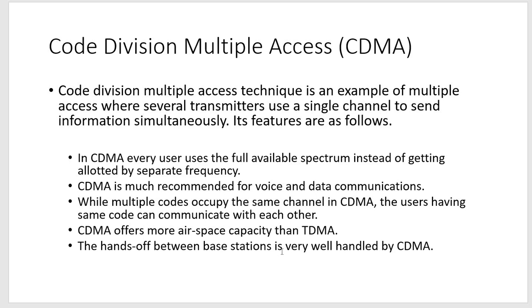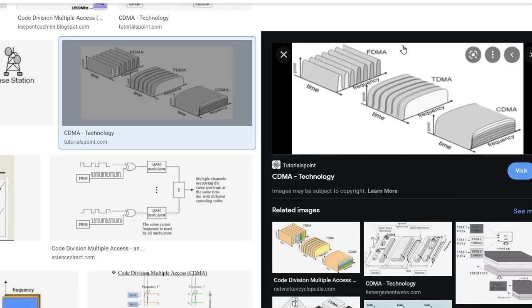CDMA offers more airspace capacity than TDMA, time division multiple access. In TDMA, along the time axis we have first time, second time, third time, and each time we have a slot.